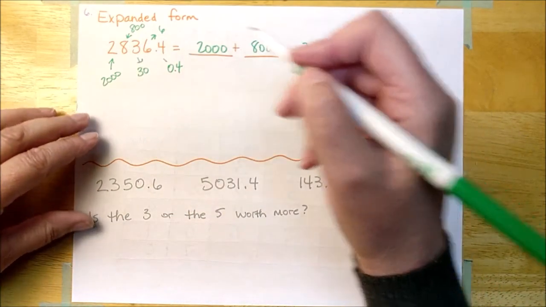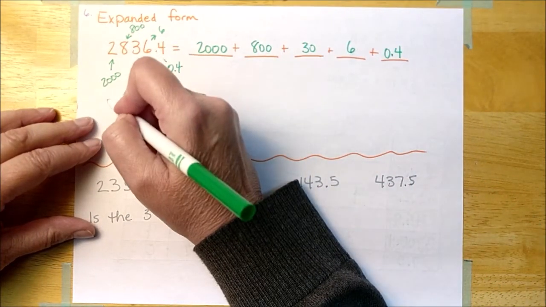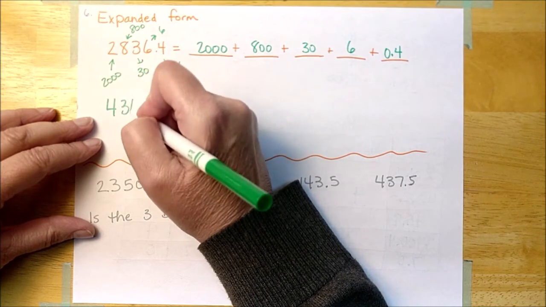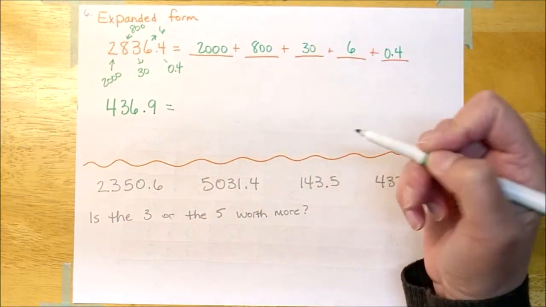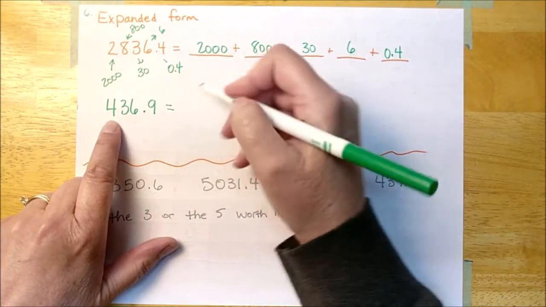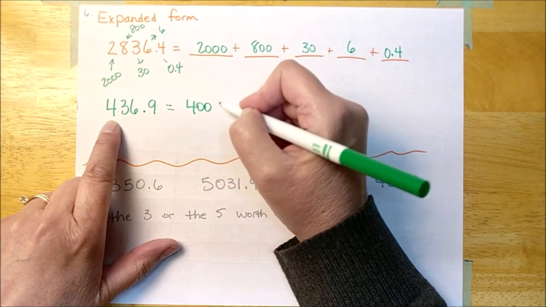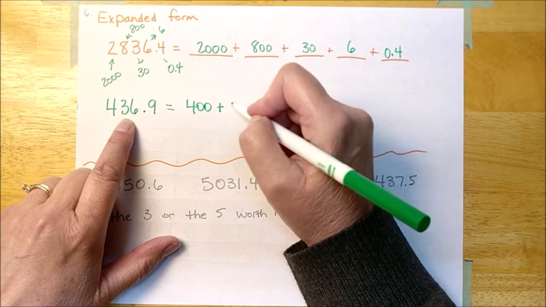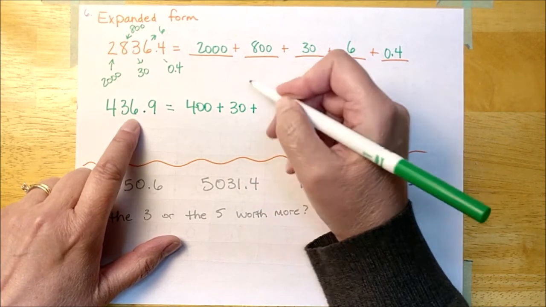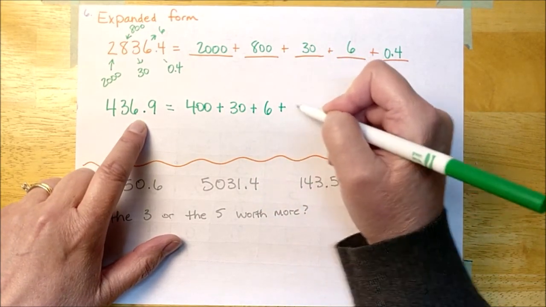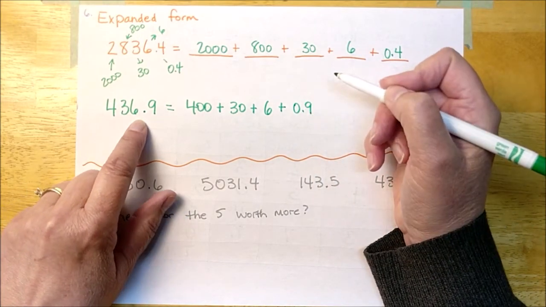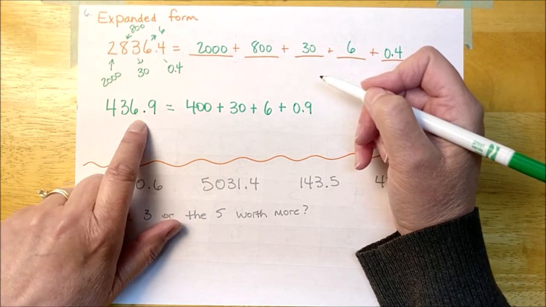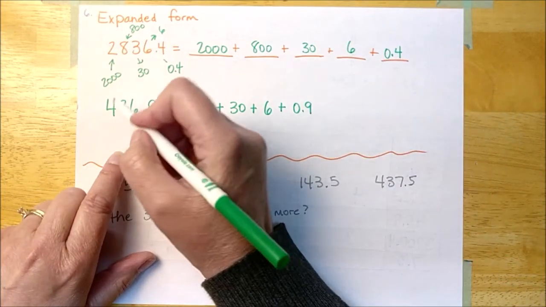So if I was to do another one, I could say 436 and 9/10. So I can start with my 4. My 4 is 400. Plus, my 3 is 10, so that makes 30, plus 6 ones, plus 9/10. So that would be how I would put it in expanded form. One more.